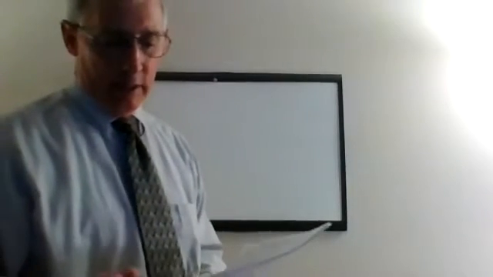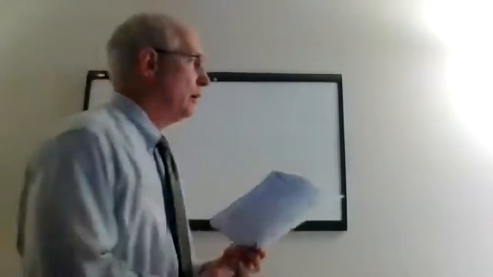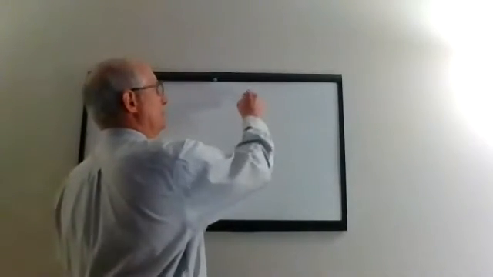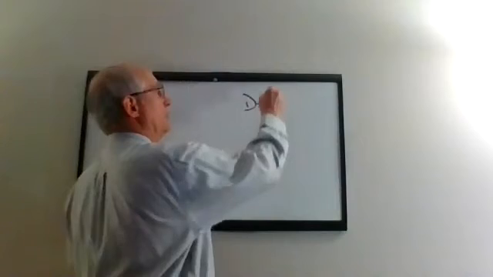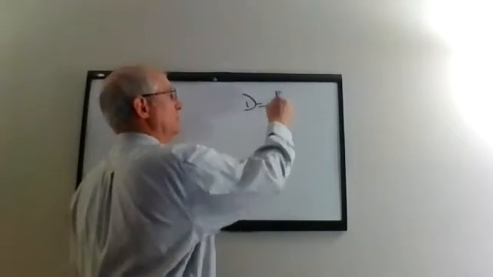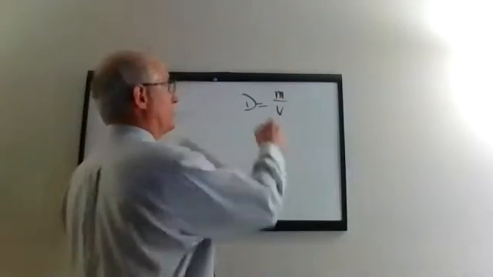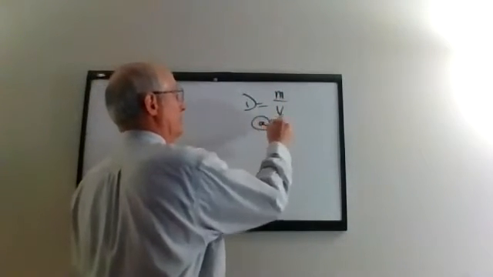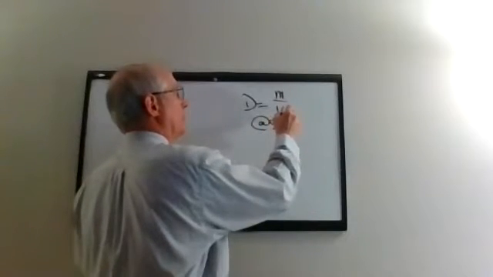Number 36 on your review goes like this. What's the density at STP of nitrogen dioxide gas? Molar mass 46, in grams per liter. Well, you all know that density is equal to mass divided by volume. But if it's at STP, let's go with a molar volume.